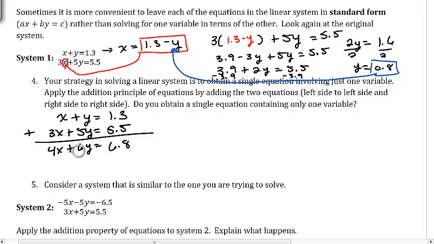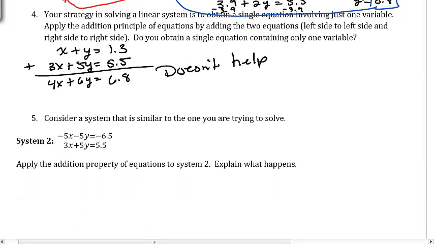So this doesn't help us any, because it gave us an equation that involves both x and y. We already had two equations that had x and y in them to begin with, so having this other equation with both x and y doesn't help us at all.